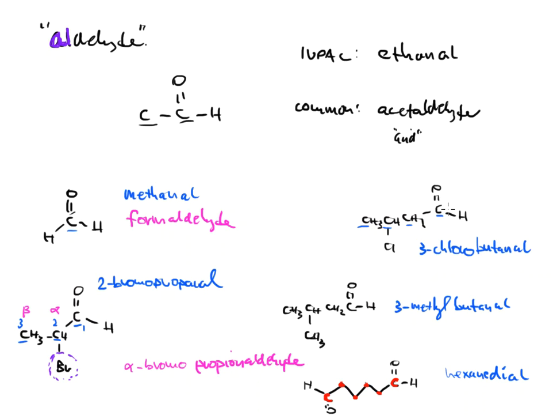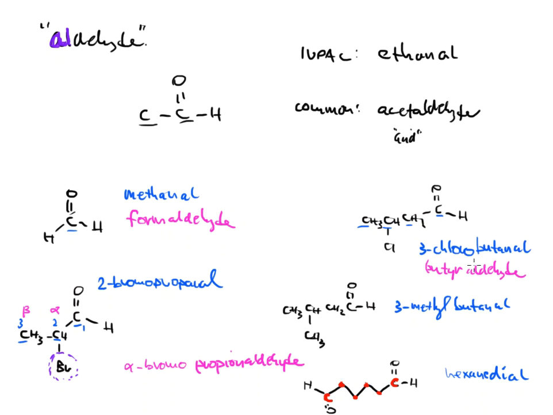All right, well, let's look over here to the right. Same kind of thing here. If I need to common name it, 1, 2, 3, 4. This is a butyr, B-U-T-Y-R. That is the prefix that we've used every single time so far. We're going to add the word aldehyde on the end, butyraldehyde.